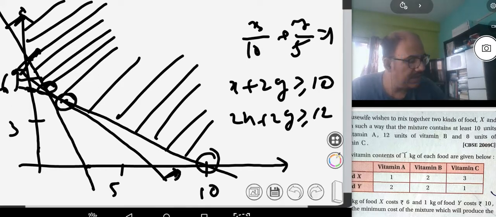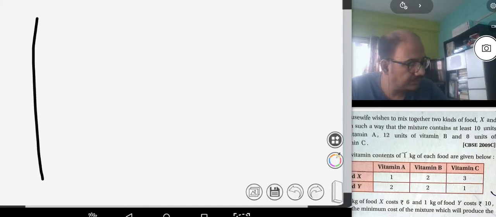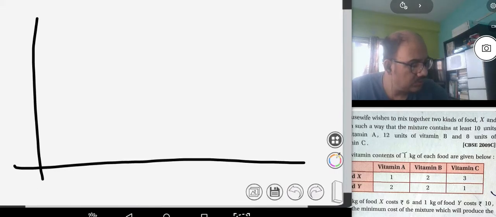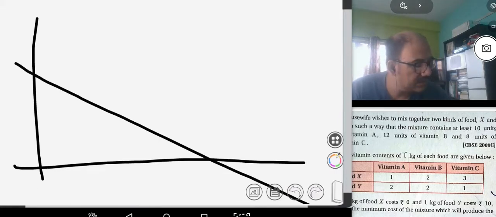So if I name the boundary points as A, B, C, let's draw it again. So in that case, it will be easier to understand. So let's draw it a little bit bigger. The first line was like this.